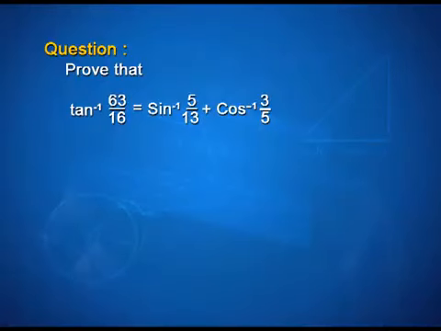There is a tan inverse on the left hand side, on the right hand side you have sin inverse and cos inverse terms. We did not learn any formula where we had sin inverse of 5 by 13 plus cos inverse 3 by 5 getting combined. We only had something like sin inverse x plus cos inverse x is equal to pi by 2. So, to begin with, there is no property readily available which you can just apply.